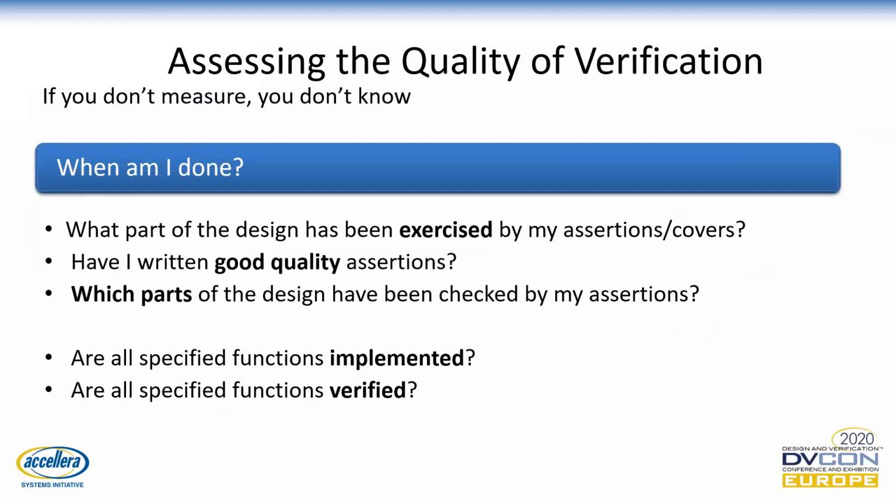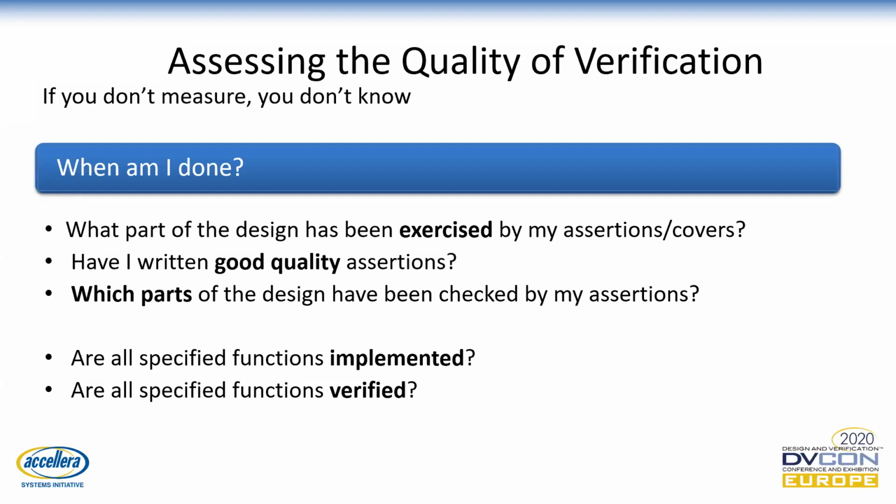So answering the question, when are we done with our verification, there is not only one aspect to be taken into account. We need to answer a couple of questions. In our case, what part of the design has been exercised by assertions and covers, because we are talking about formal verification here.